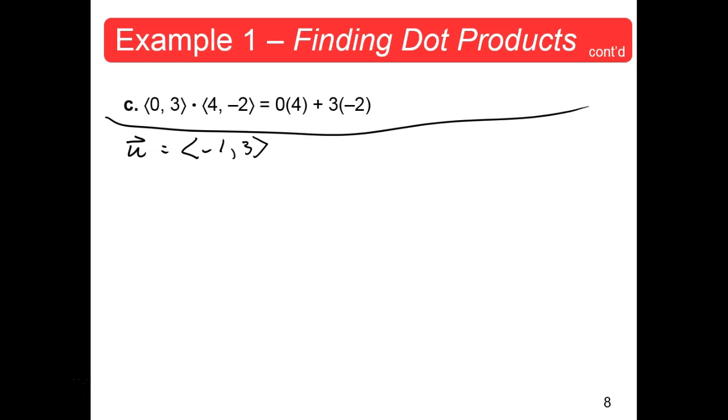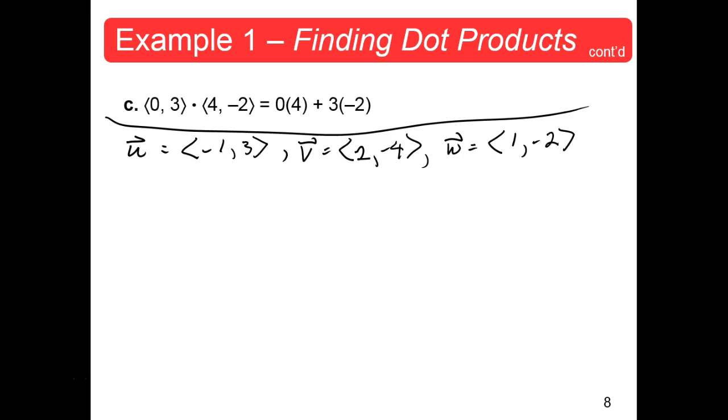The magnitude is way greater than 1. It's the square root of 10. Okay? Vector v is 2, -4. And you wouldn't even guess that would be a unit vector. And vector w is 1, -2.